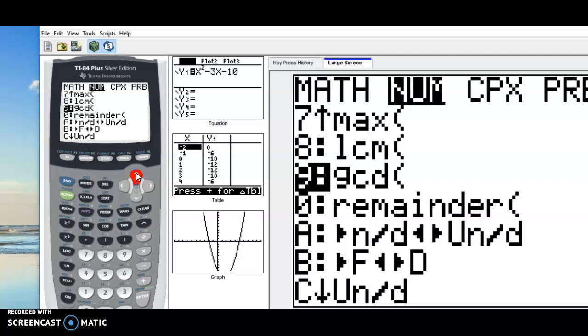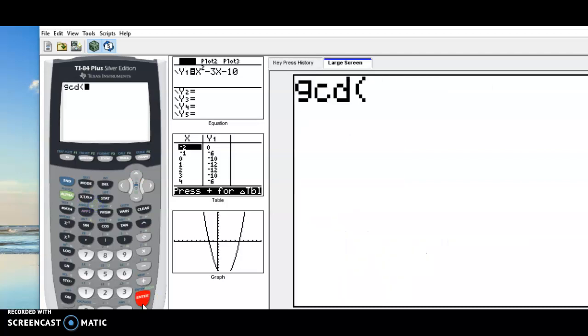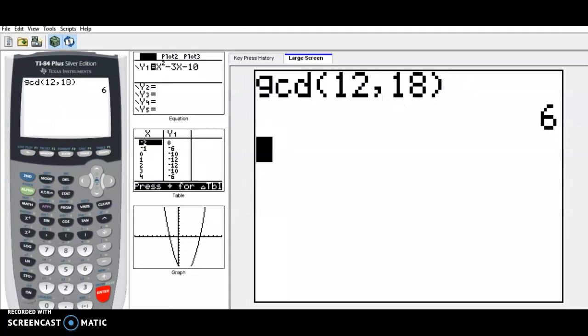So press number 9 or press enter, and then type in the 2 numbers, 12 and 18. So 12, and then use a comma and 18. Close the parenthesis. I'll wait just a second for you to see that. Once you press in 12, 18, you press enter, and it tells you that it's 6. Now that kind of made sense. The biggest number that can go into 12 and 18 is in fact 6. So there you have it.